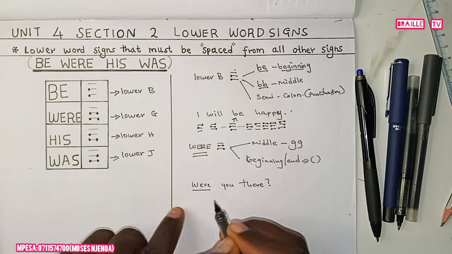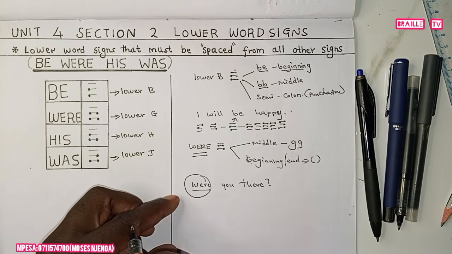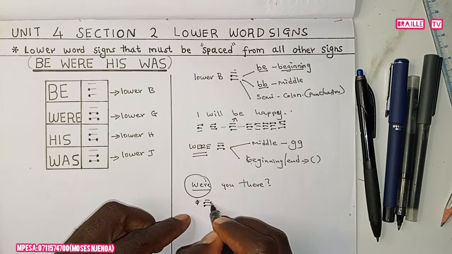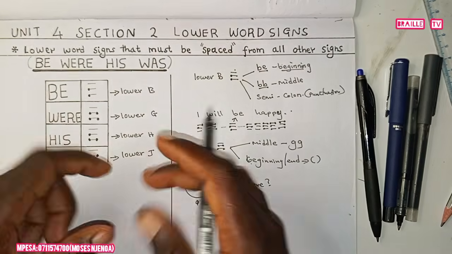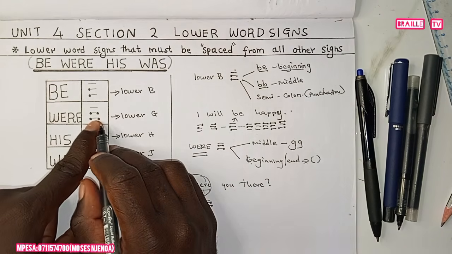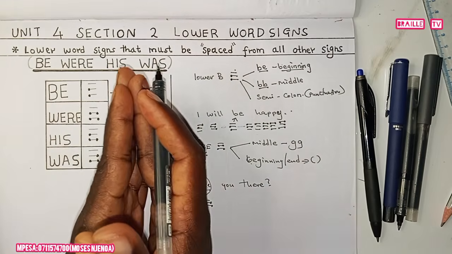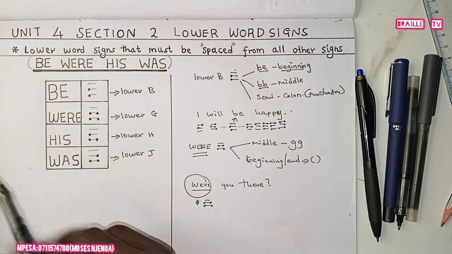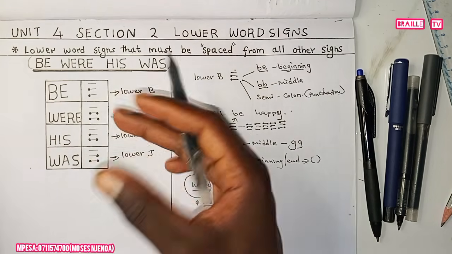When writing this word, you write lower g standalone to mean were. Remember, these are word signs, and word signs are signs that are used to represent a whole word.